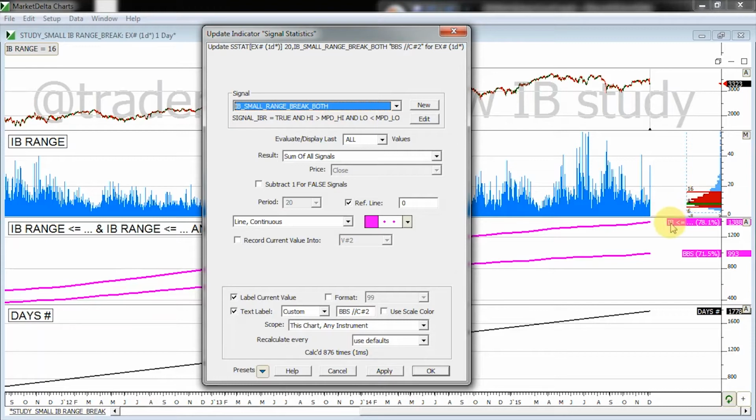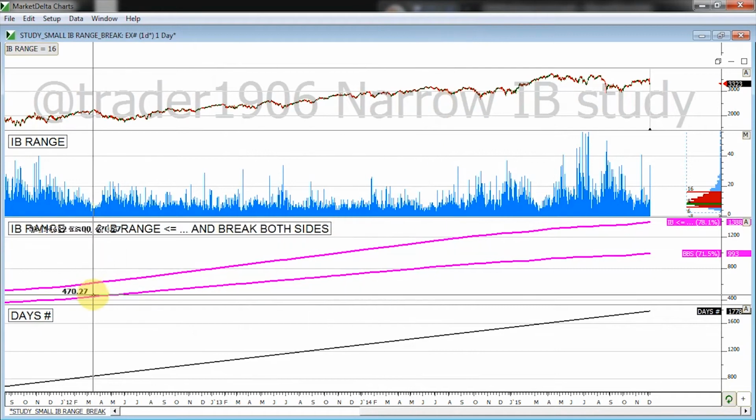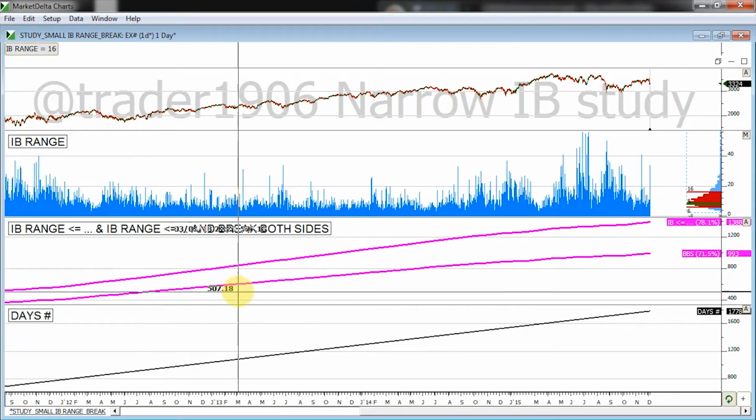If it's yes, then it says, okay, did we break the initial balance high? And if that's yes, then it looks into, did we break the initial balance low? And if all those three criteria are yes or true, then it adds and sums, okay, well, add another one on.